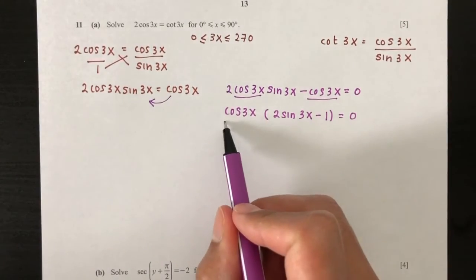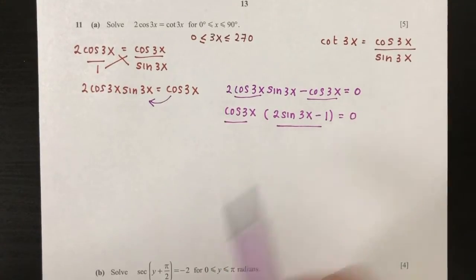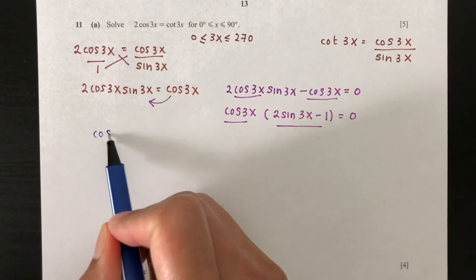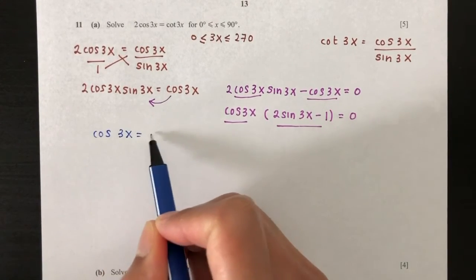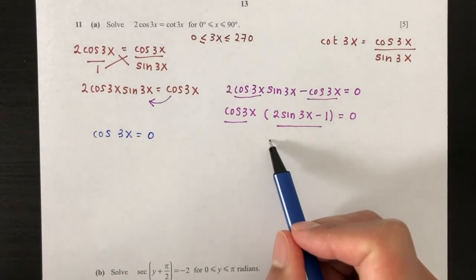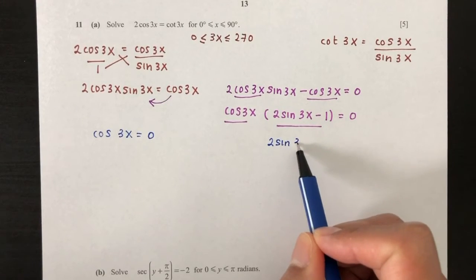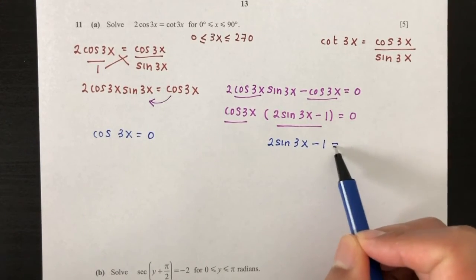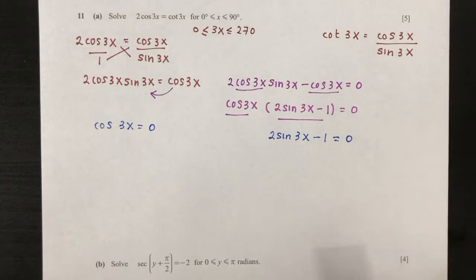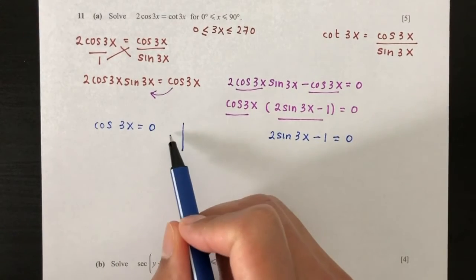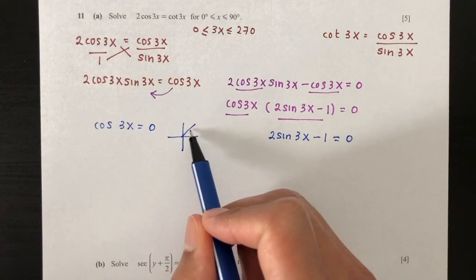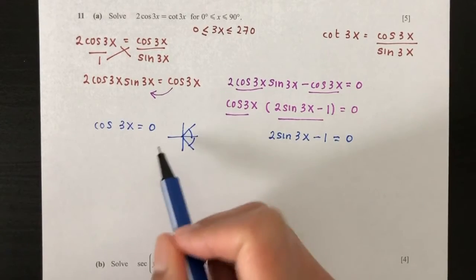Now this one is a solution and this one is also a solution. So let's take one by one. First one is this one, cos 3x is equal to 0, and this one will be 2 sine 3x minus 1 is equal to 0. Now for this one, since it is 0, it can be this here and this here for cos, right?